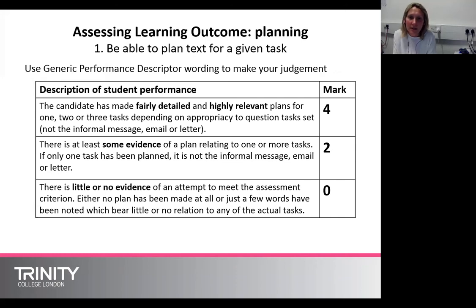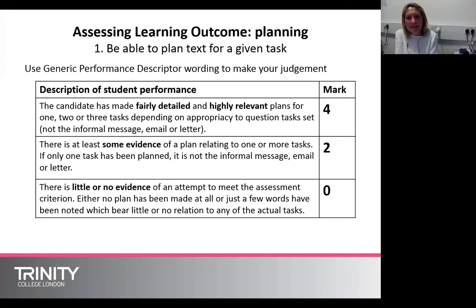And for this learning outcome, for planning, we would only be awarding either 0, 2, or 4 marks. So we do not award 1 or 3. If the candidate has made a fairly detailed and highly relevant plan, or fairly detailed, highly relevant plans for 1, 2, or 3 tasks, they get 4 marks.